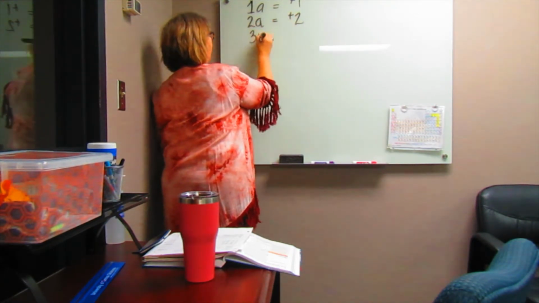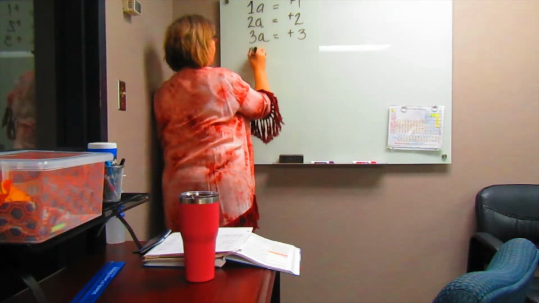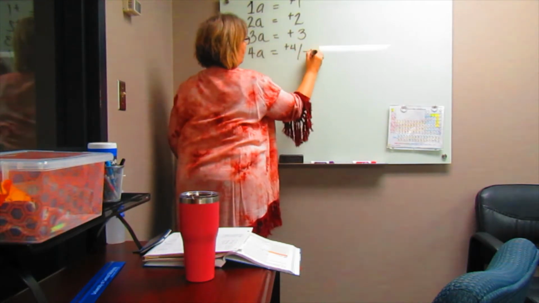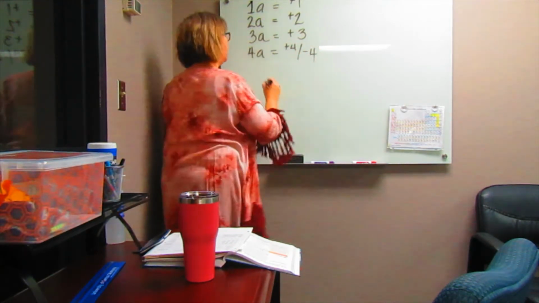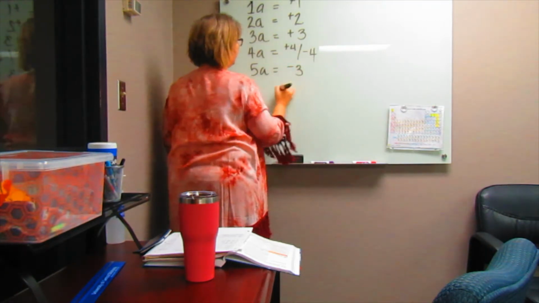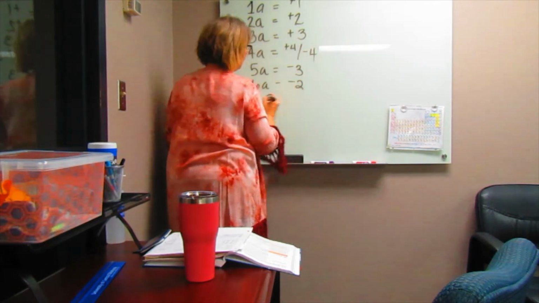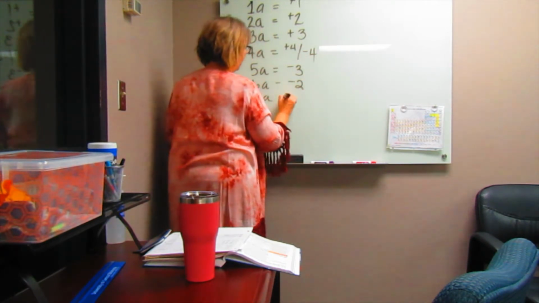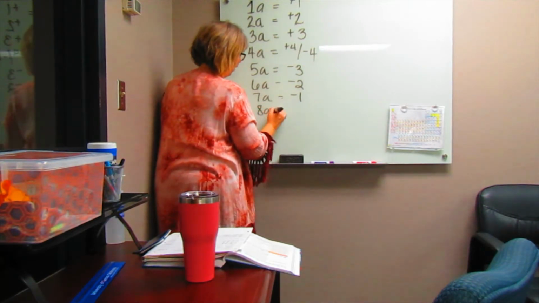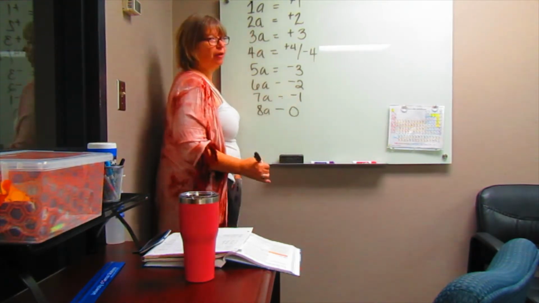Group 3A is a +3. 4A can take on a +4 or a -4 charge. 5A is a -3. 6A is a -2. 7A is a -1. And your 8A elements, which are your noble gases, have 0 charge.